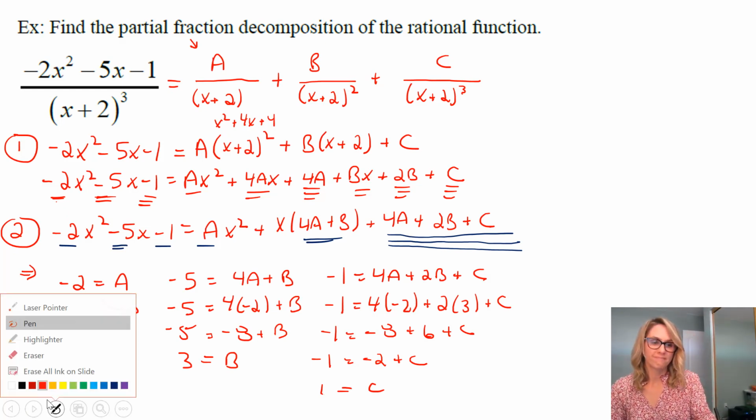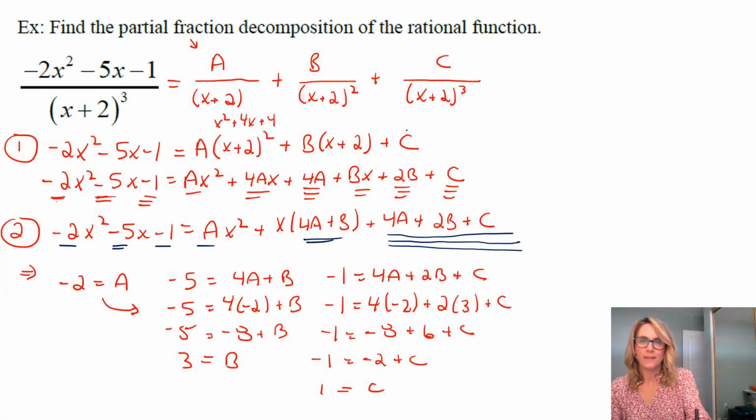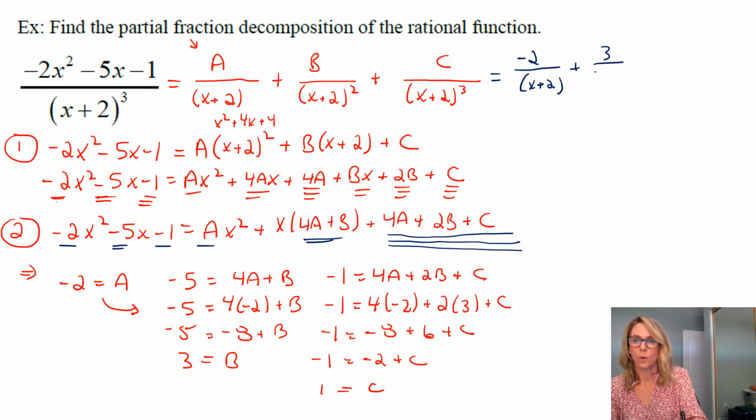And so what we just found is our A, B, and C. We're not done. That's not like a point like what we saw in an earlier section. But it does tell us the numerators that we need for our partial fraction decomposition. So we know A is negative 2. So I'll have negative 2 over x plus 2, plus b, which is 3, over x plus 2 squared, and then plus c, which is 1, over x plus 2 cubed.